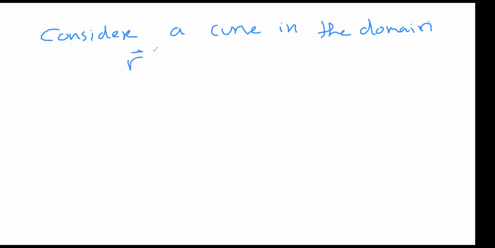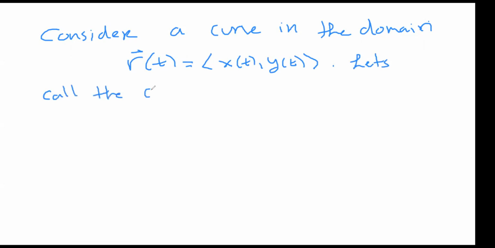Well, my curve, you guys will remember, has this kind of form. Let's call it C. So here's what you need to remember. A curve is really, the way we think about it, the range of some parametrized function r like this. So we'll call it C. What does C do? It's some curve.